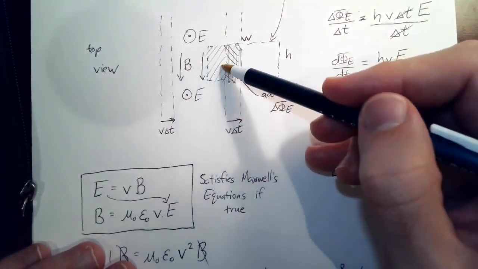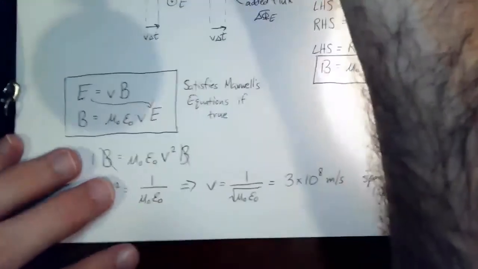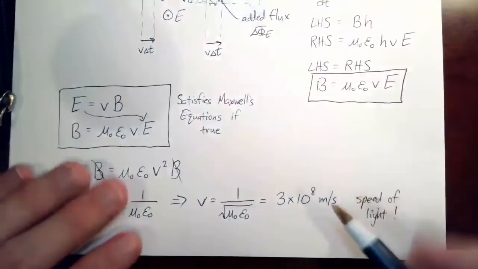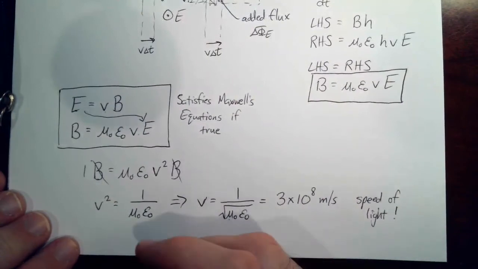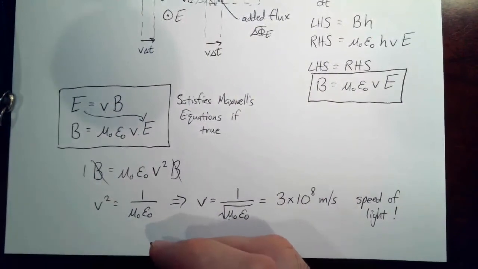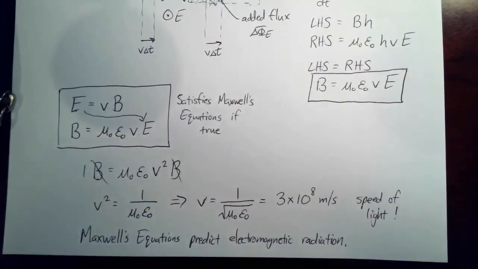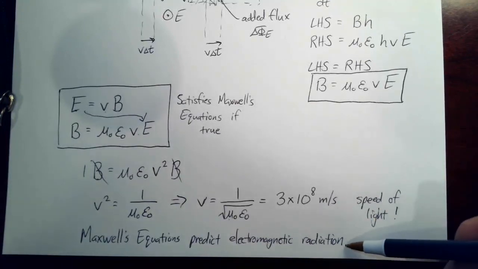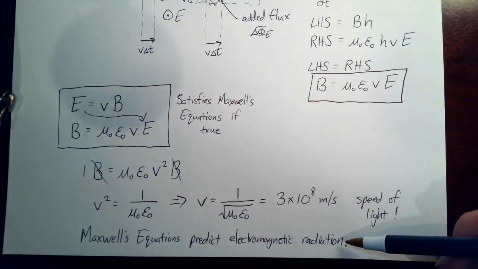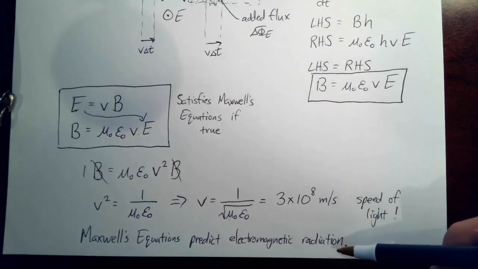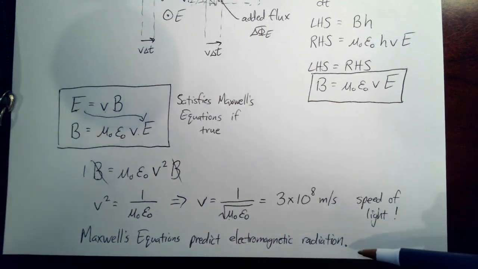So we have an electromagnetic pulse. But what we found here is that Maxwell's equations predict electromagnetic radiation. So not only did Maxwell unify electricity and magnetism, but he also brought radiation into it and showed that radiation, like light, X-rays, radio waves, and so on, are all just products of electricity and magnetism themselves.